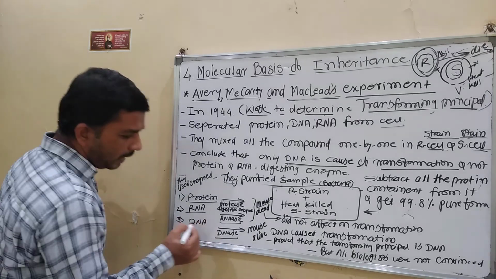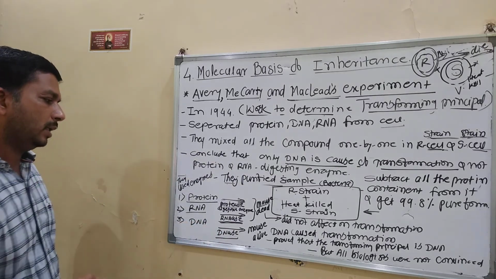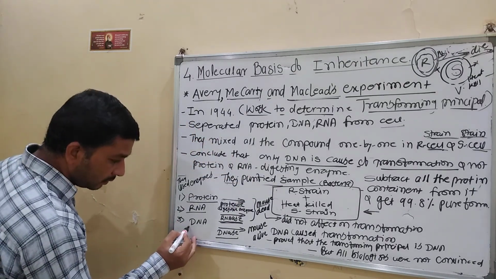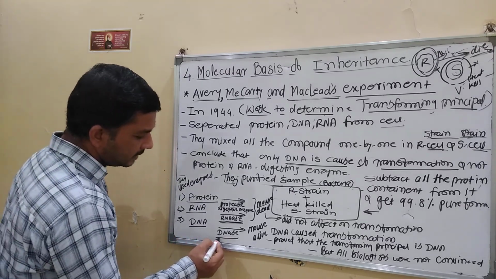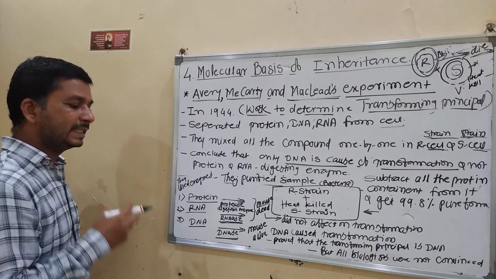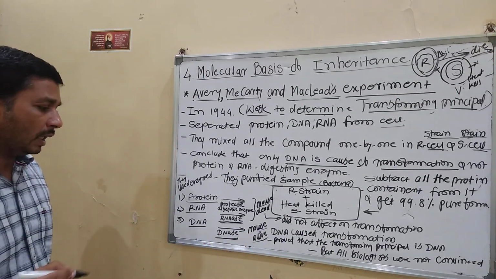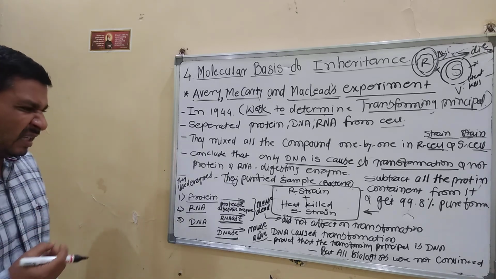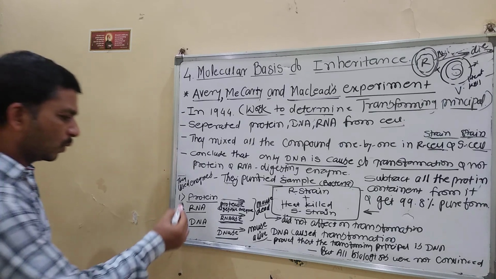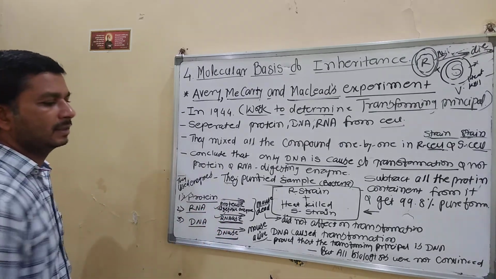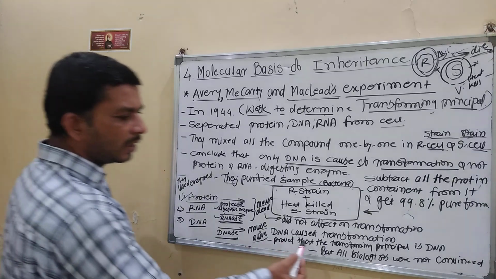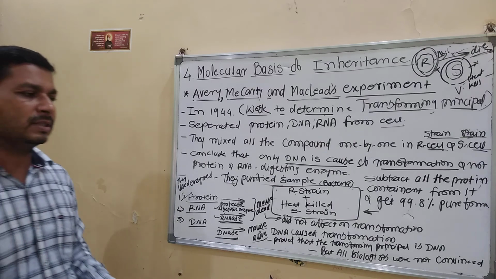Then in presence of the enzyme RNase, here also the mouse died. Then in presence of the enzyme DNase, this mixture was injected inside the mouse and the mouse was alive. So proteinase and RNase did not affect transformation, but DNase did, proving that the transforming principle is DNA.